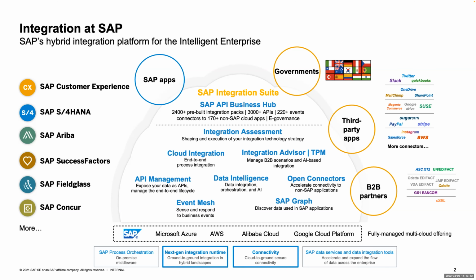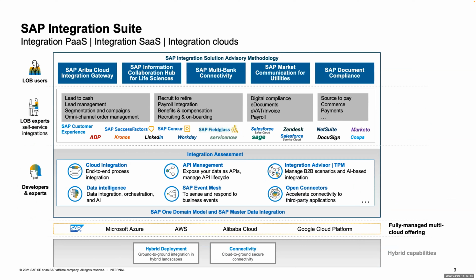In terms of product strategy, I quickly wanted to touch upon which are the different types of users that we cater to, right? And here you can see we deal with all kinds of users, which are developers and experts, highly proficient in coding, not afraid to get their hands dirty, and so on.